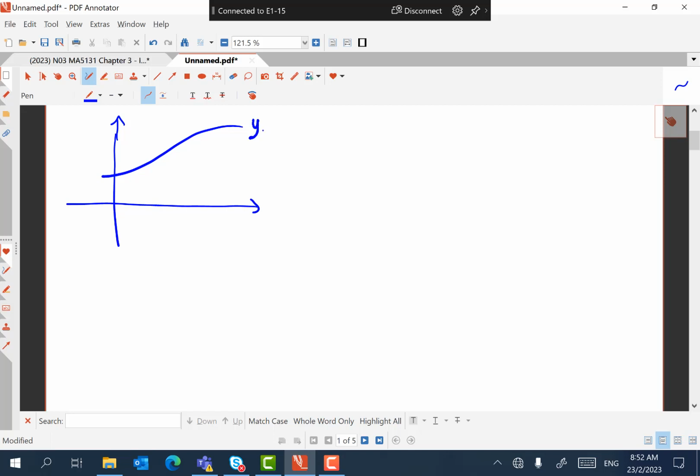This is the graph of y1, and my y2 is actually a horizontal line. This is A and B. This is the shaded region. Class, is there anyone here who does not know how to find the area of the shaded region?